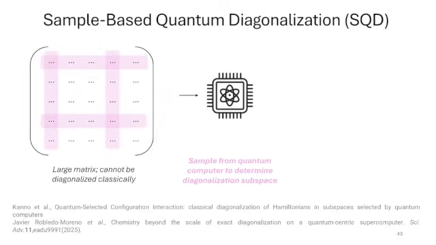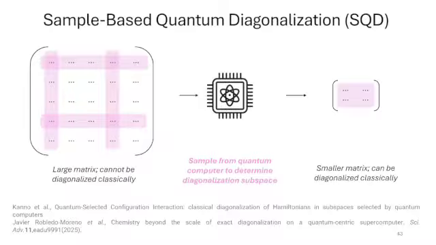We use the quantum computer to give us samples that tell us which parts of the Hamiltonian are important. So it just selects some particular rows and columns of the Hamiltonian, given by samples obtained from the quantum computer, and we use these rows and columns to create a smaller matrix. And this smaller matrix can be diagonalized classically. So the quantum computer is only basically selecting the subspace in which you will project and diagonalize the Hamiltonian.